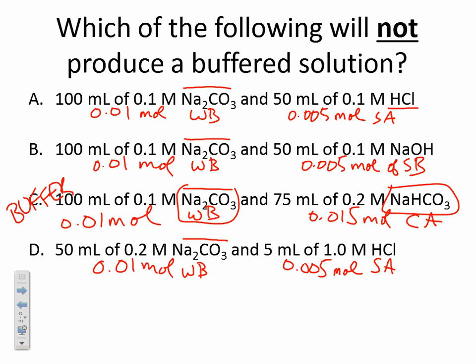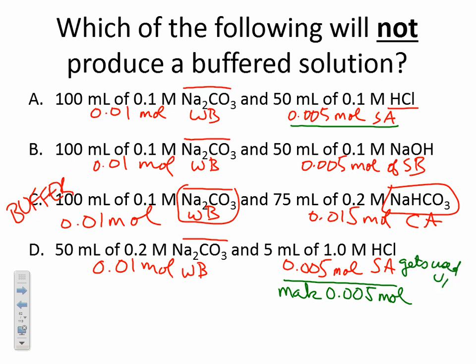Well, looking at A and D, notice they're the same. You have 0.01 moles of your weak base, and you react it with 0.005 moles of a strong acid. This would make 0.005 moles, so this would get used up, and you'd make 0.005 moles of the conjugate acid, HCO3 minus, in both of these cases.